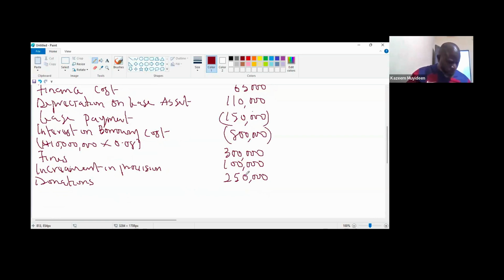Now, if you go to additional information, capital allowance is claimed. Now see the capital allowance. How much is the capital allowance?